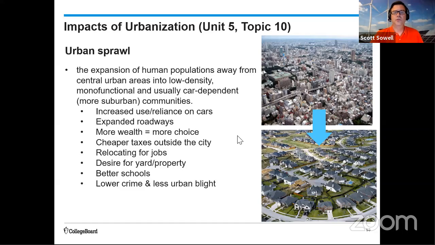There might be better schools or less crime, or simply for aesthetics. So there's a lot of reasons why this urban sprawl happens. And in some places, that urban sprawl is not sustainably planned. It just kind of oozes out, like I said. But some places are really doing smart growth, where that growth of the city is more planned out for less of an environmental impact. And we'll talk about that in just a second.